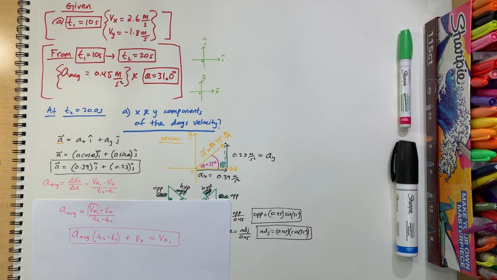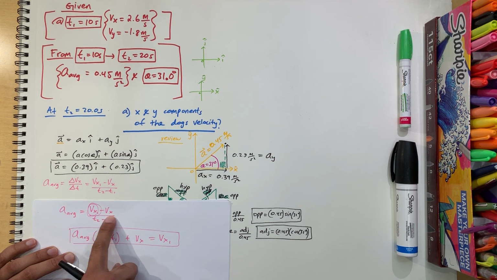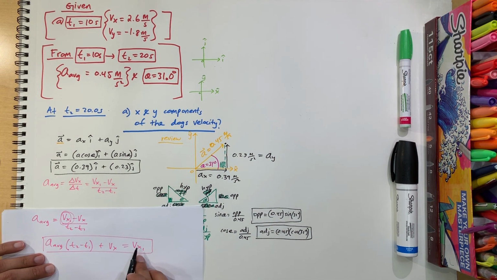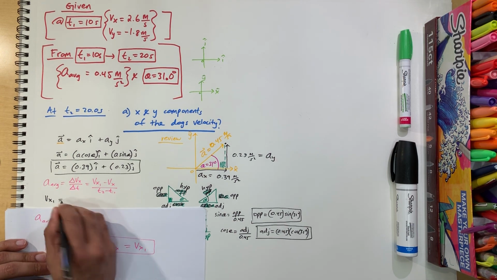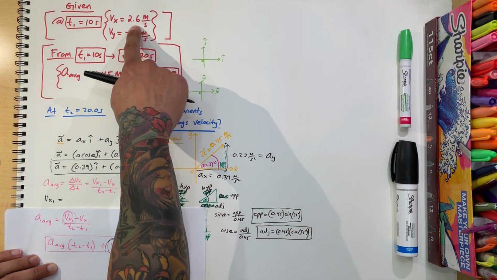All right, so to save some space, I'm gonna use this formula that I just derived, and then I'm gonna put in the values. So Vx1 is gonna equal Vx, which was given to us.